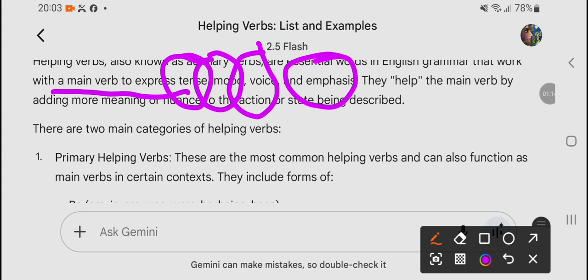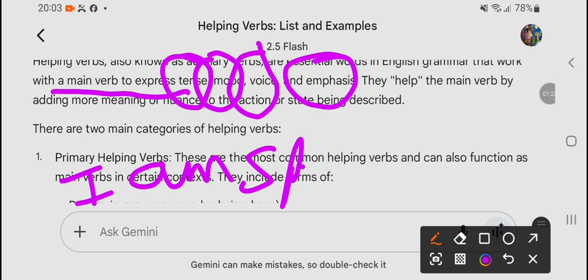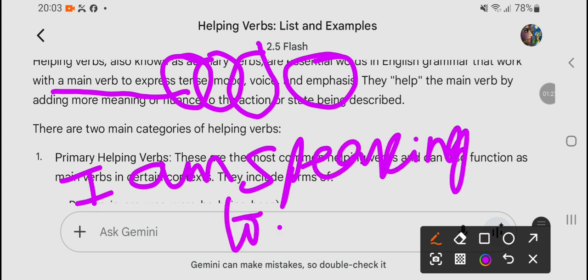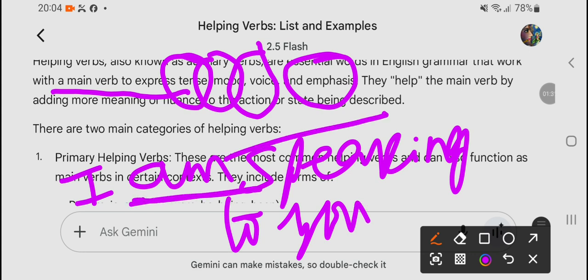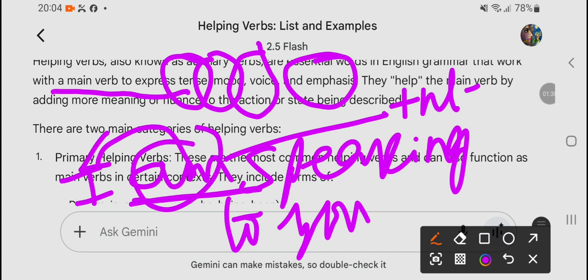If I give you an example of tense, if I am speaking to you, right? That is, am shows present tense, and the subject is I, that's why am is used.